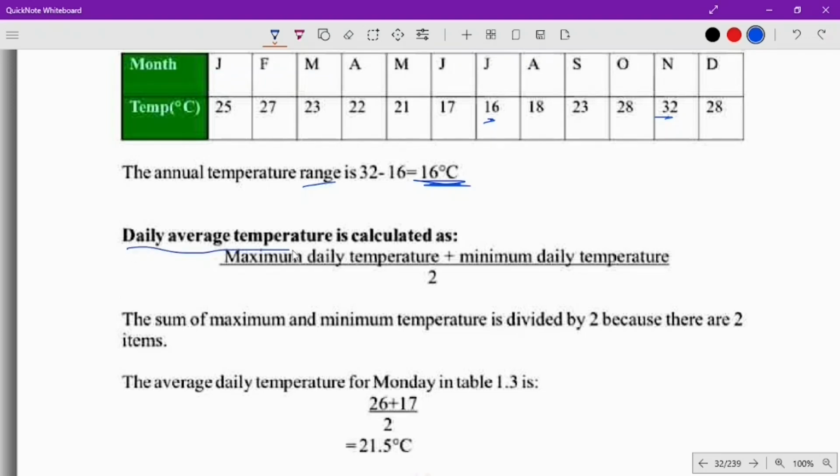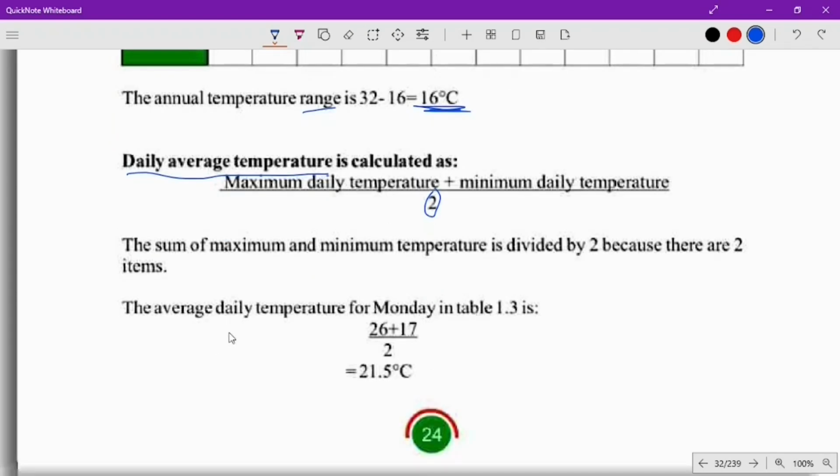Average temperature. How do we find the average? We said the average is also called the mean. So we have to get the maximum, we add the minimum, divide this by 2, we get our average. So the sum of the maximum and the minimum is divided by 2 because there are 2 items.